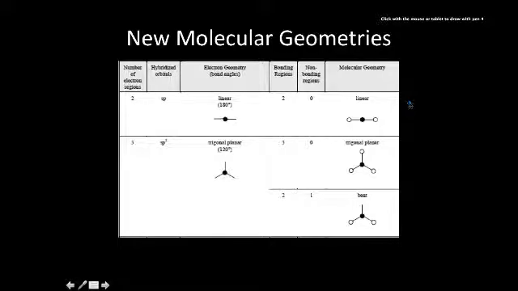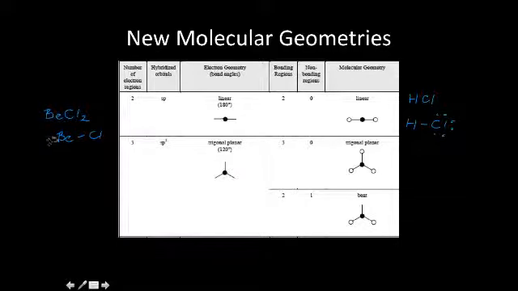If we wanted to look at something like HCl, 1 hydrogen bound to 1 chlorine, that gives us a linear arrangement. But now we know that something like beryllium chloride can give us the same sort of arrangement. So you might have beryllium chloride looking like this. And this, again, would be a linear geometry.